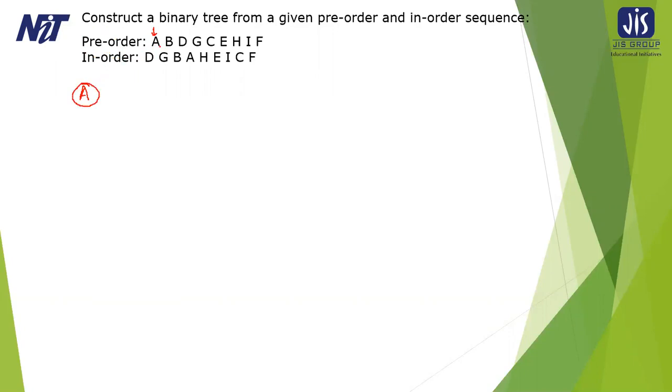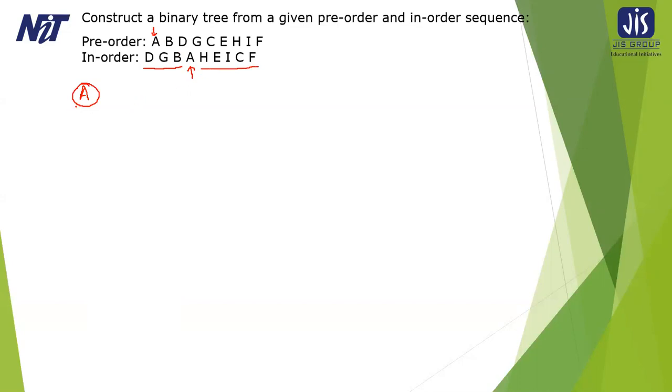Now in in-order, the root is always in between the left subtree and the right subtree. A is situated over here. That means all values on the left side belong to the left subtree, and all the data on the right side are values of the right subtree.